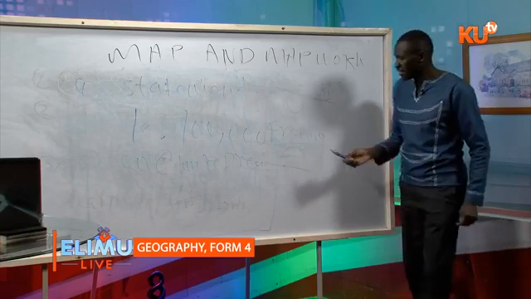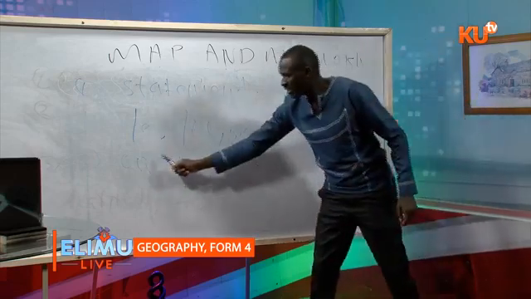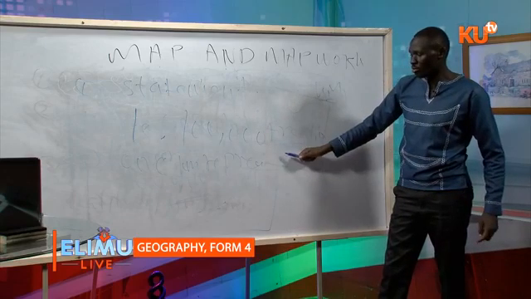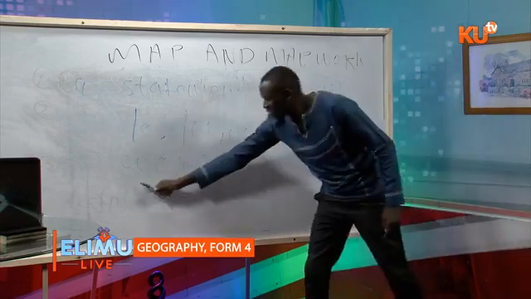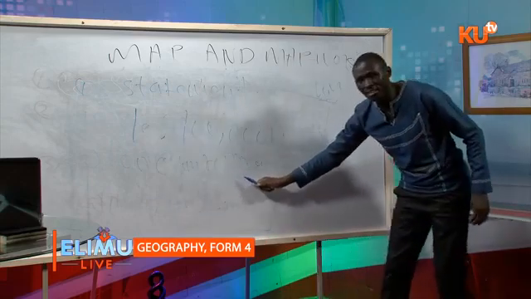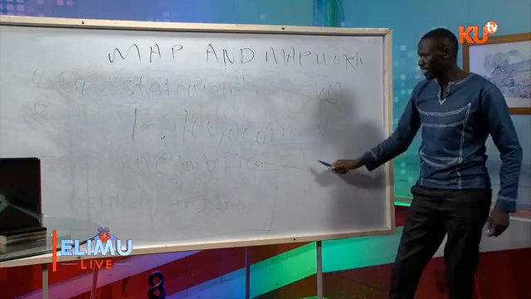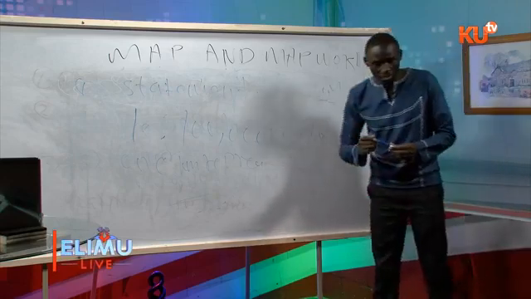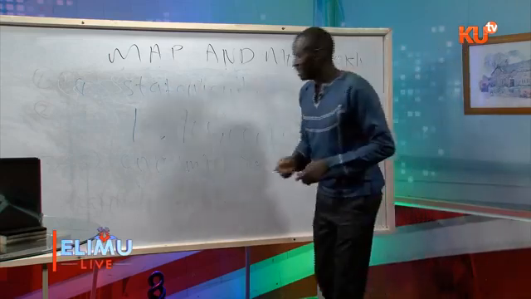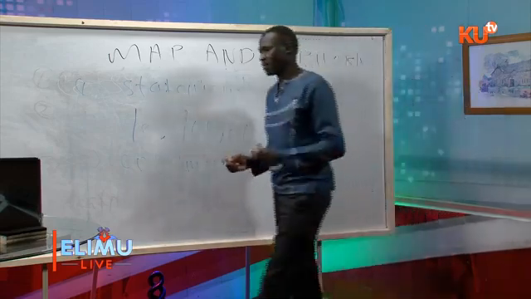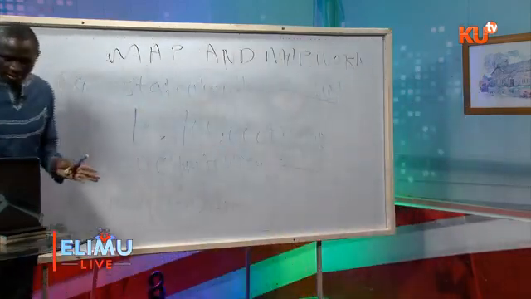Alternatively, you can say 1 centimeter represents 1 kilometer. The reason why you say 100,000 centimeters is because when you convert 1 kilometer to centimeters, you multiply it by 100,000. So I hope you understand them.